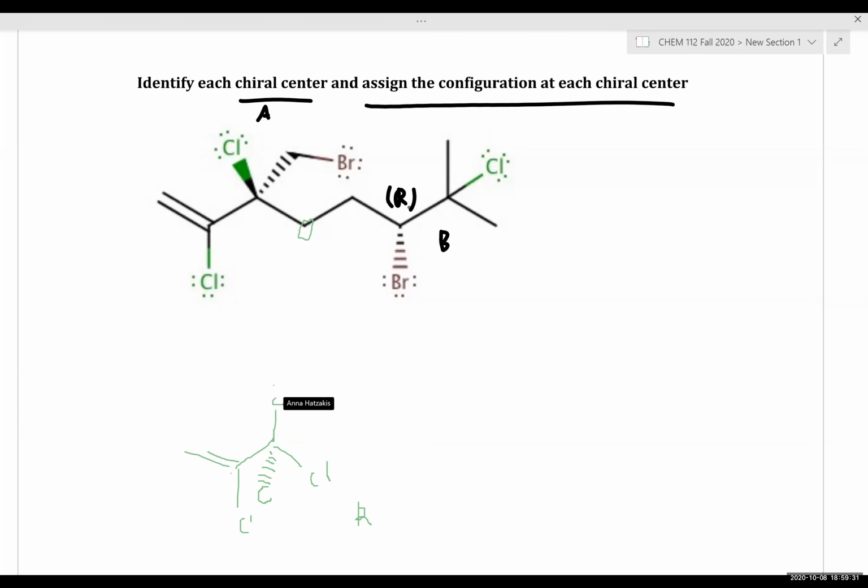What does everyone think for the second stereocenter? What does everyone think for stereocenter A?